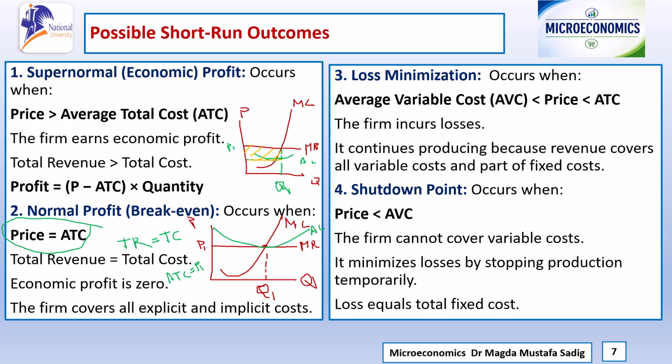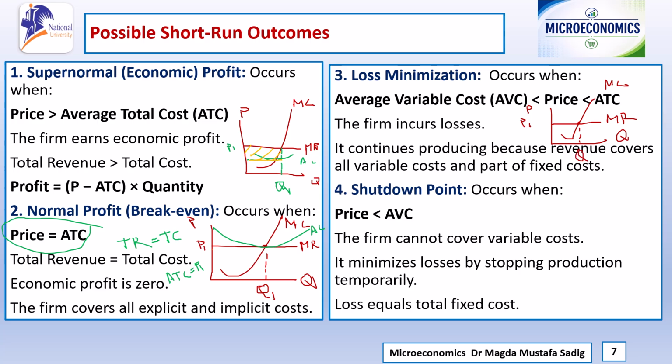Let me do the graph again for you. We have here, this is price and this is quantity, and this is the demand curve or marginal revenue, and we have the price that is taken from the industry, P1, and we have this marginal cost. Okay, so the firm is going to produce here. The firm is going to produce Q1.